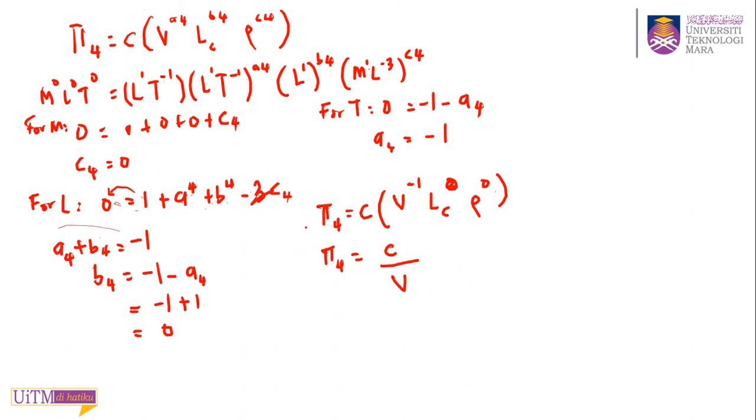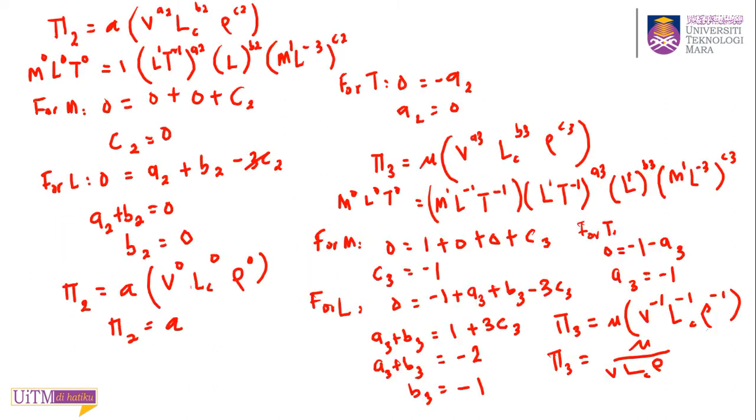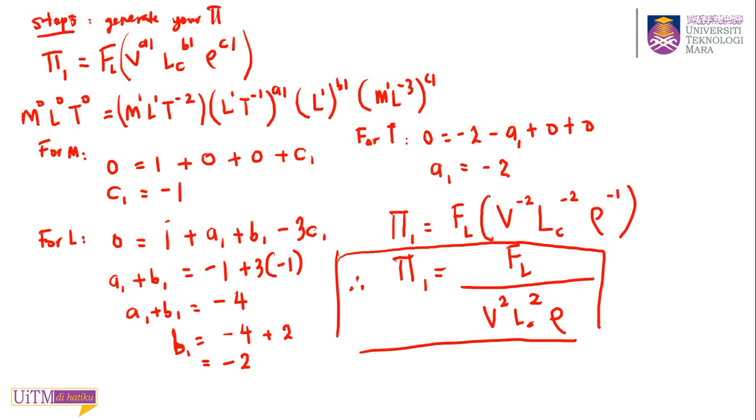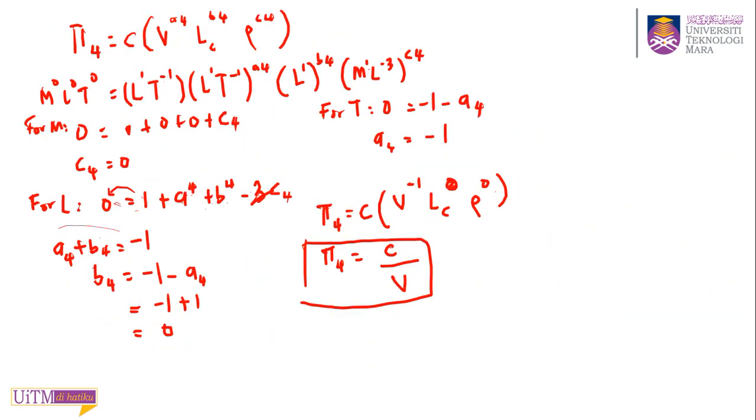Okay, so you have done everything for all your pi's, for 4 pi's: pi 4, and you have found pi 3 and pi 2. The last step, step 6, you need to write the functional form.